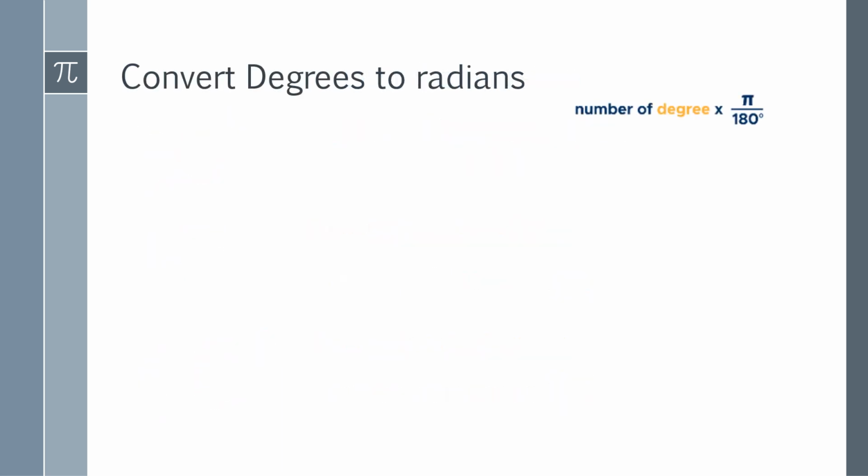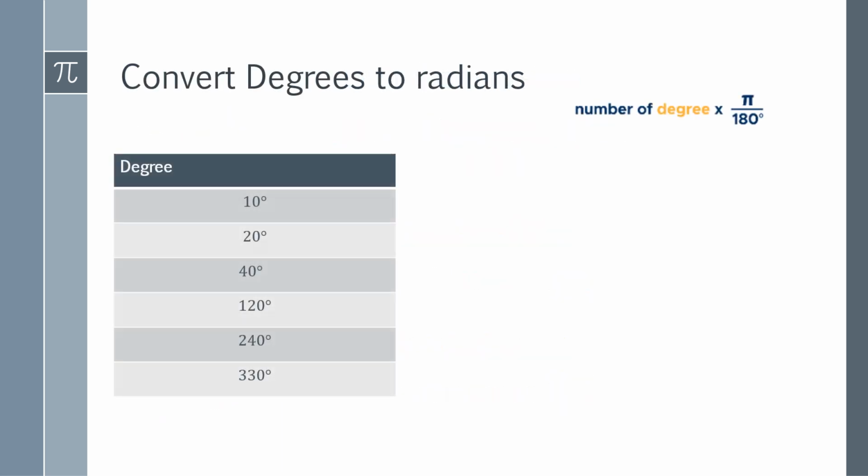All right, so let's convert some degrees to radians. You have 10 degrees, 20 degrees, 40, 120, 240, and 330. We're going to take the degree of each and multiply by pi over 180. So when we do 10 degrees, we're going to get 10 times pi over 180.